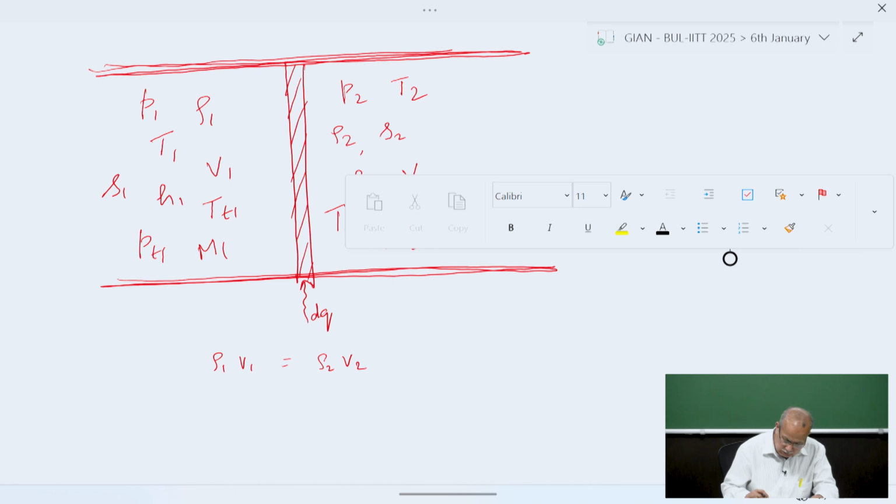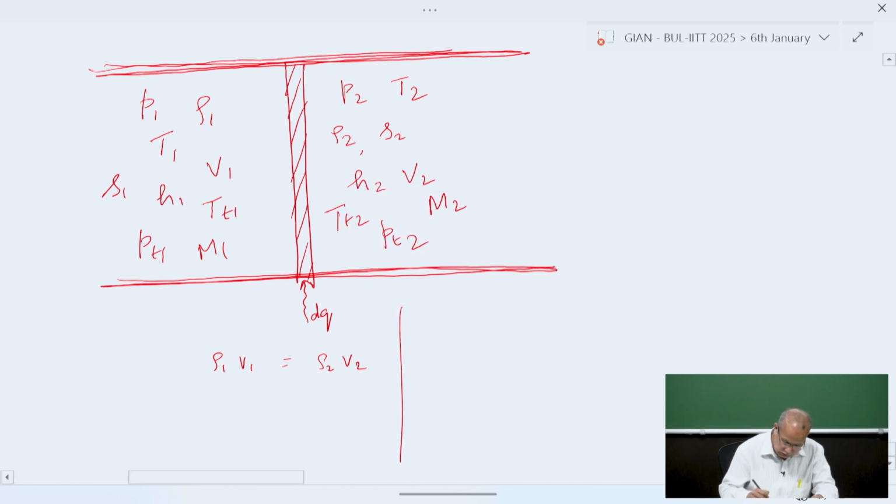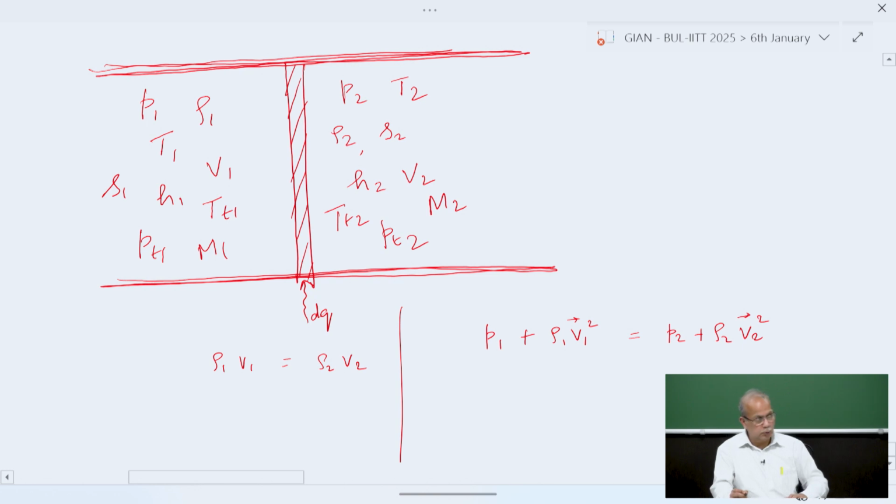Now let me start with the momentum equation here. P1 plus ρ1 v1 square is equal to P2 plus ρ2 v2 square. This is just to show how we could calculate how the properties vary across the combustor.